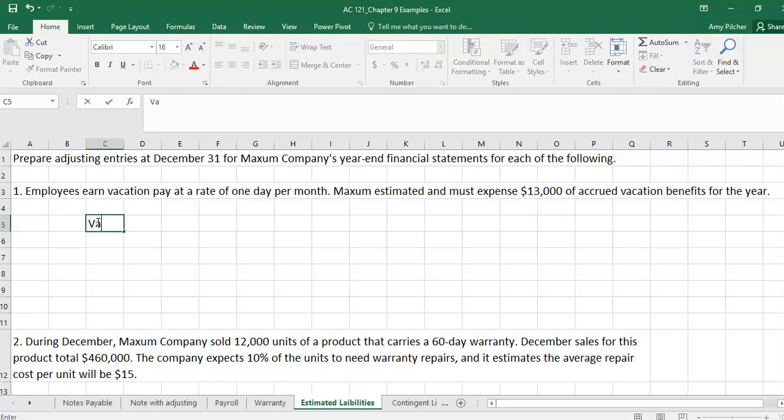So we would record a vacation benefits expense and an estimated vacation benefit liability. That amount is $13,000.